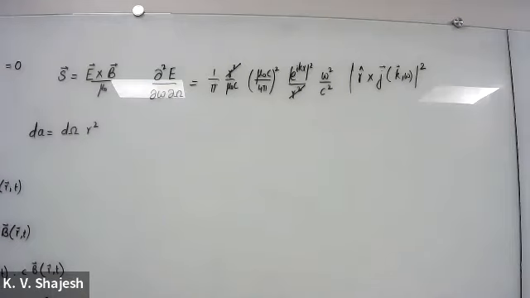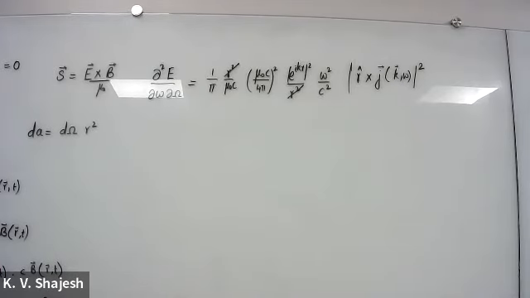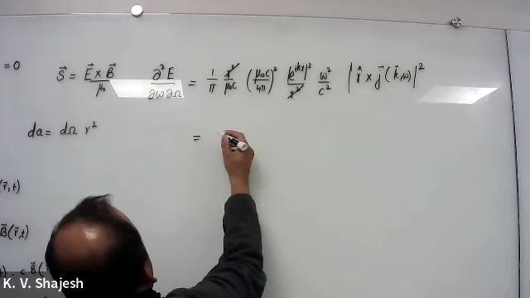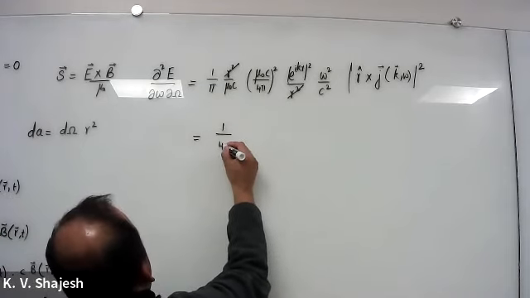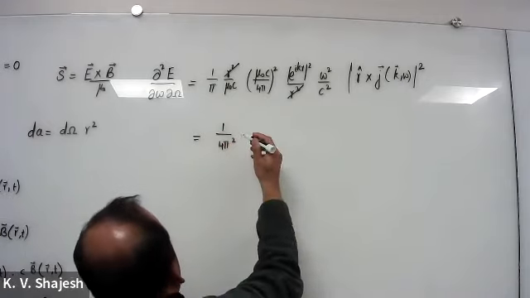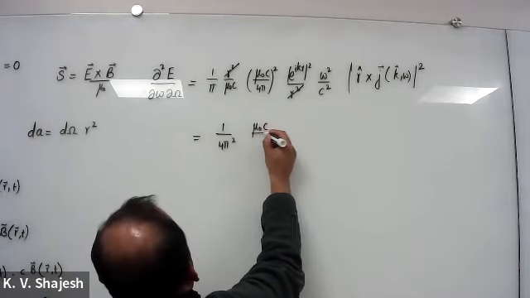Let's see how I want to write this. So I think it's reasonable to write this as 1 over 4 pi squared, and mu naught c over 4 pi.